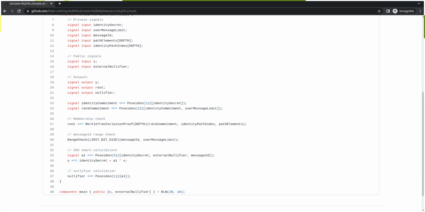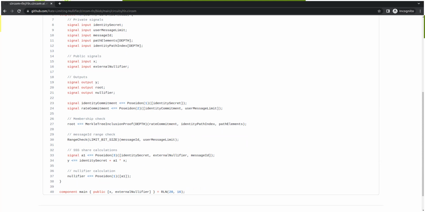Actually, maybe you noticed that if different apps use the same external nullifier, and the user uses the same identity commitment, users can be easily slashed.